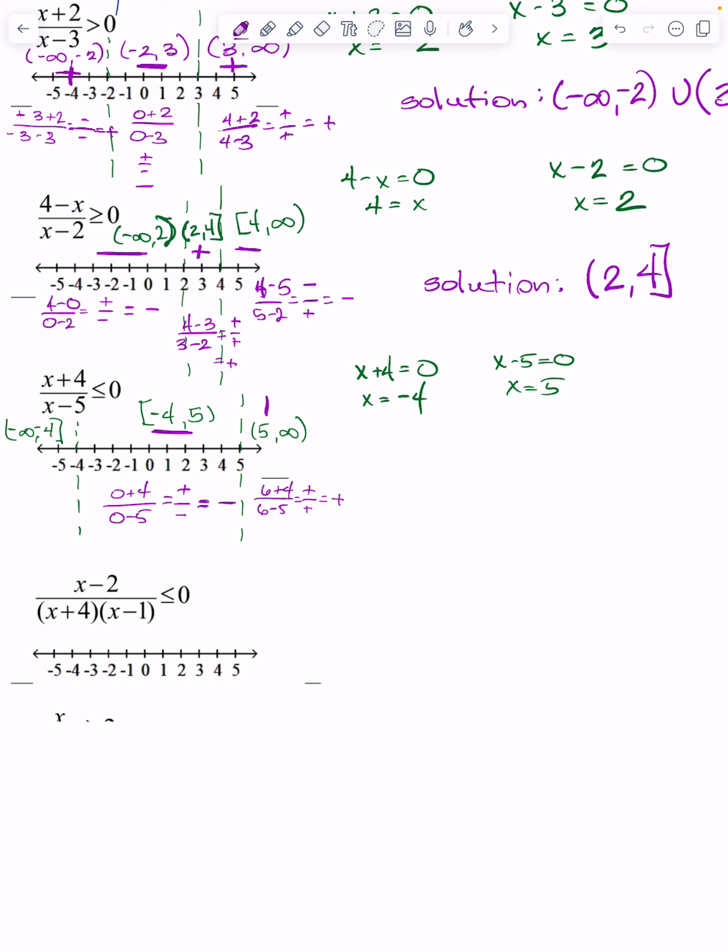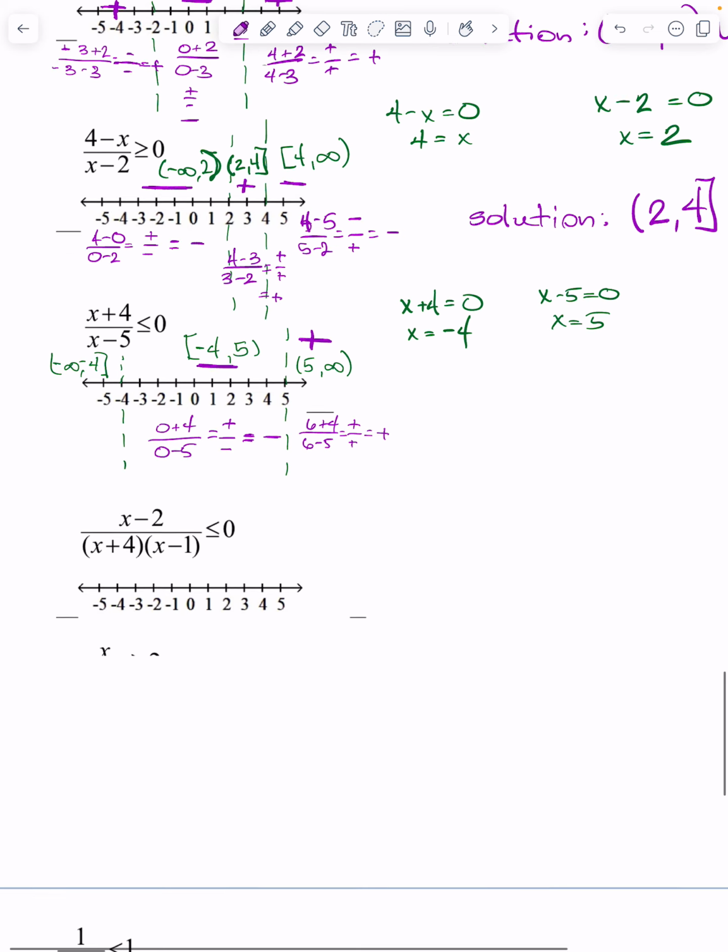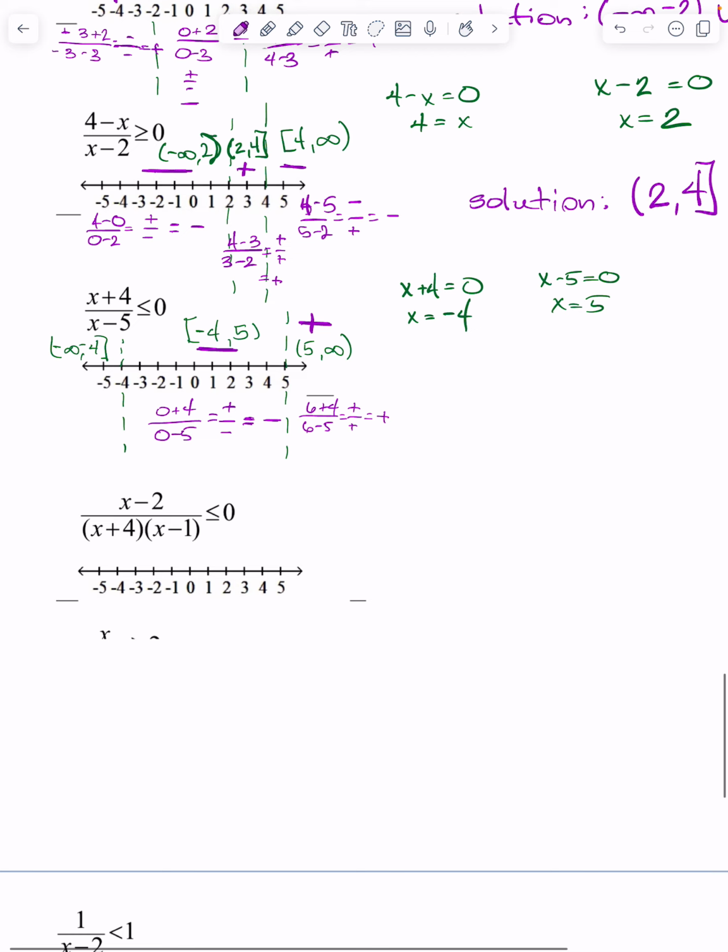Now, we've gotten in the habit of everything alternating. You really don't want to assume that it's always going to work that way, because it doesn't. I get a negative 1 over negative 10. I get a positive over here.